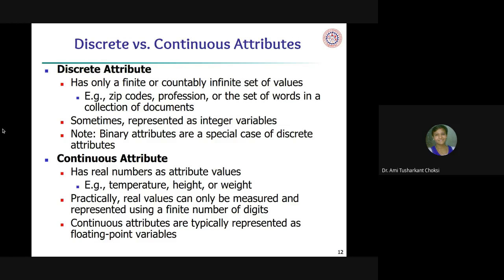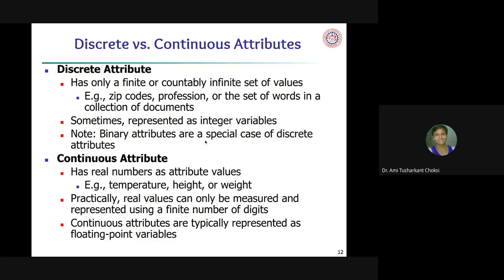Now see, here we have seen these two types of attribute. One is discrete, second is continuous, right? In the difference between classification and prediction, we have seen that prediction works with continuous valued functions. So there, this continuous word is useful.